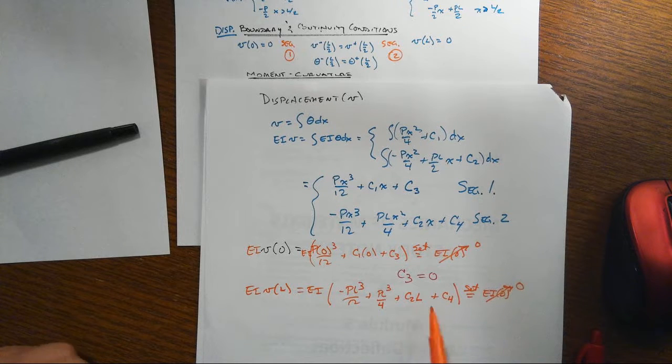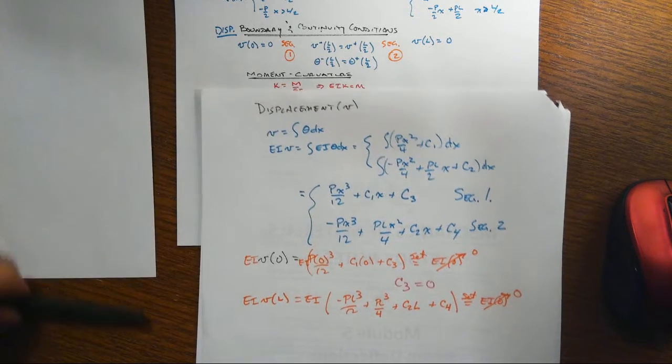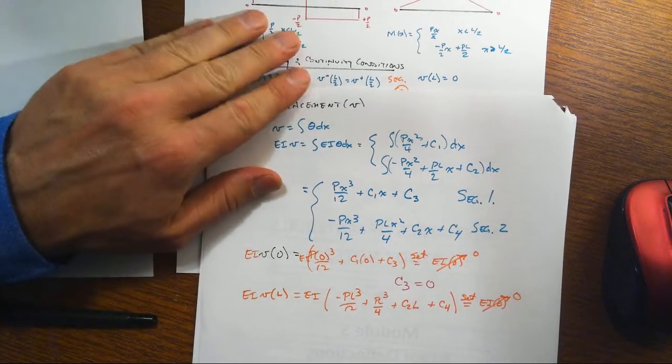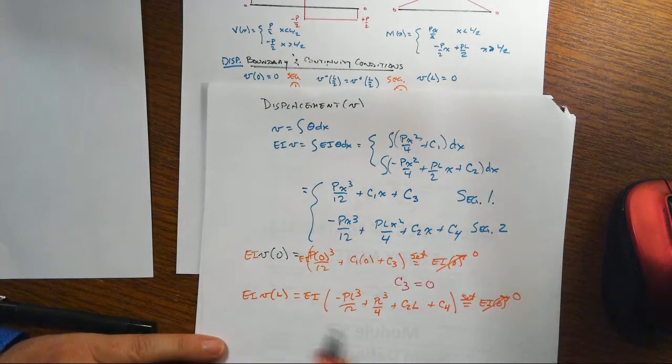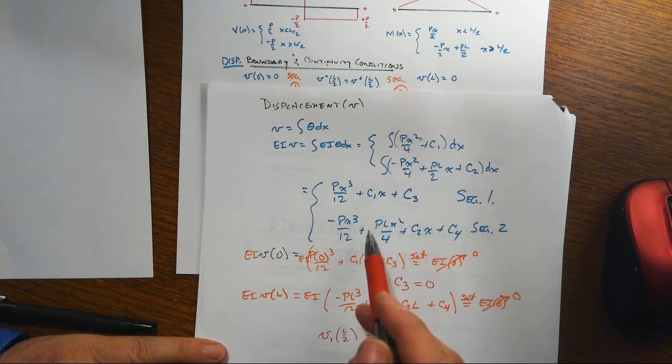Well, we don't get one constant, we get 2 sitting in there. So that's kind of unfortunate. We don't know c1, we don't know c2, and we don't know c4. But we have one more equation left for us, the continuity condition that says that the displacement of segment 1 evaluated at the midpoint has to equal the displacement of segment 2 also at that midpoint.